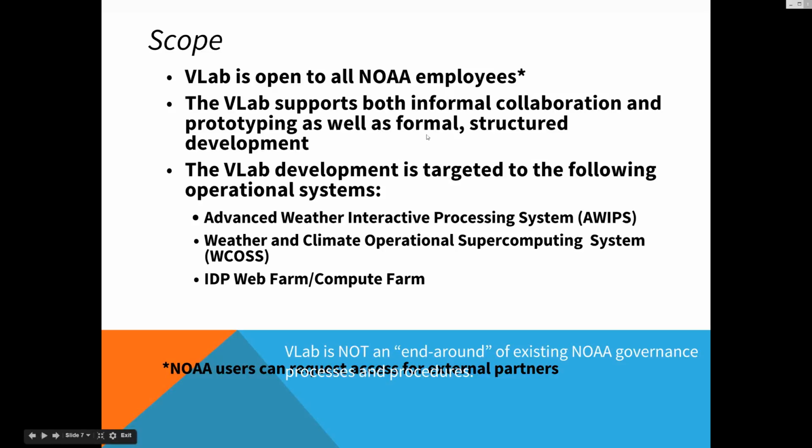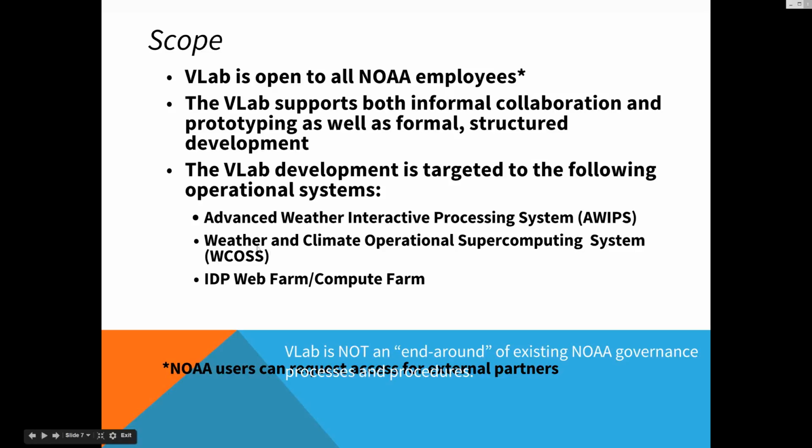So the VLab is supporting both informal collaboration as well as formal structured development. There are two distinct parts of the VLab, and we'll get into that, that help facilitate both those levels of collaboration and development. The type of development that we're doing is targeted at AWIPS, which everyone on this call, I assume, is intimately familiar with.